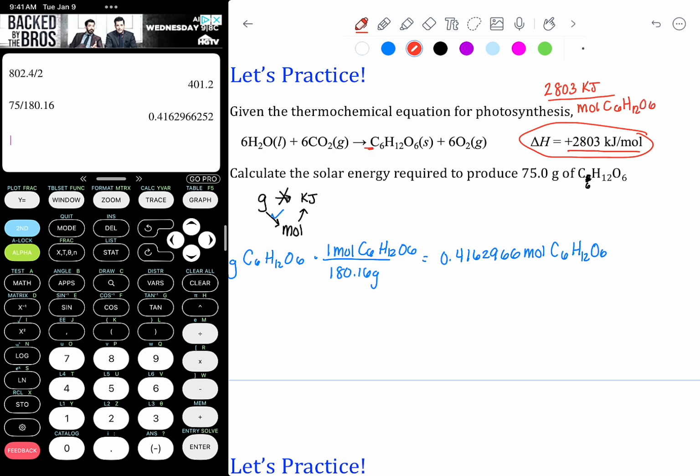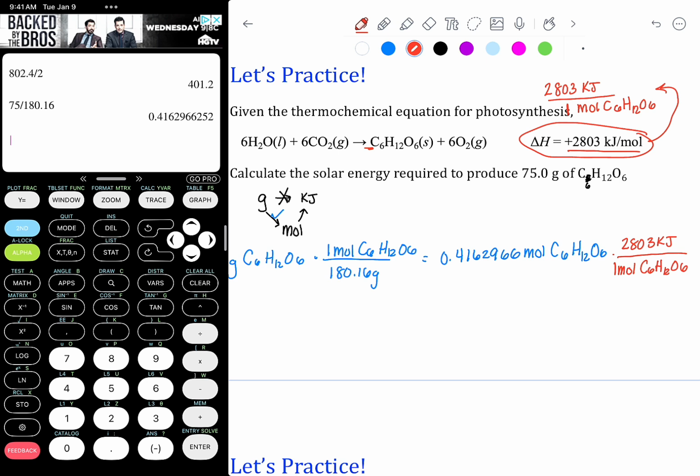Luckily, our coefficient out in front of glucose in our balanced reaction is 1. So, in order to cancel out our moles of C6H12O6, we'll put the 1 mole of C6H12O6 on the bottom and the 2,803 kilojoules on the top. Okay, so we just rewrote that delta H.